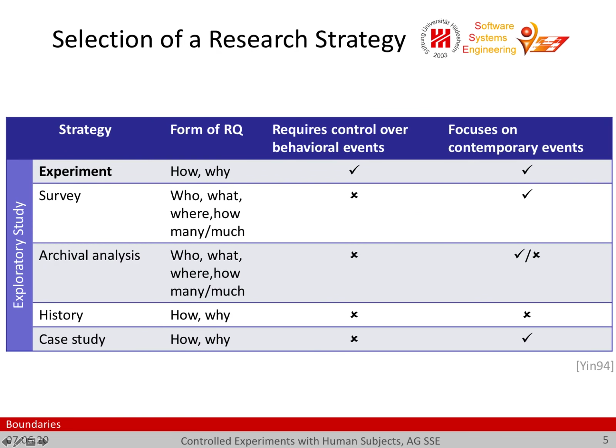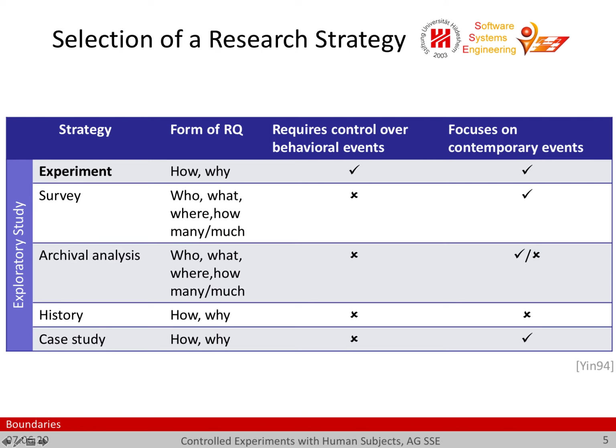In this table, you also see where to place experimentation with humans. So for example, if I have a how or why question and I want to control behavioral events, then basically I need to do experimentation. As you see, all the other ones in this list do not have this kind of control.